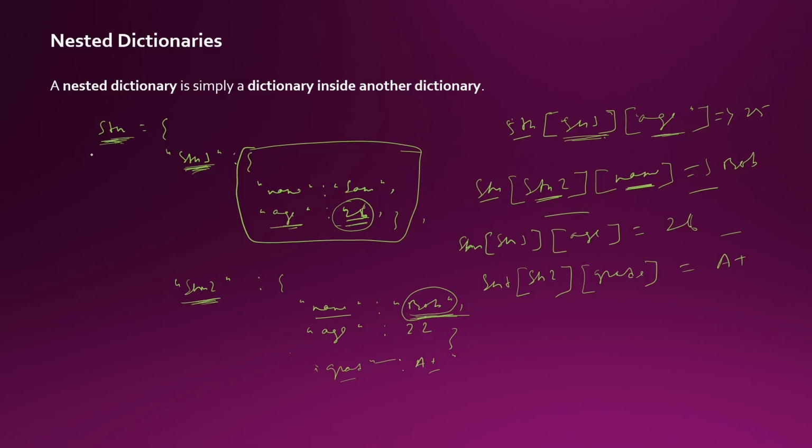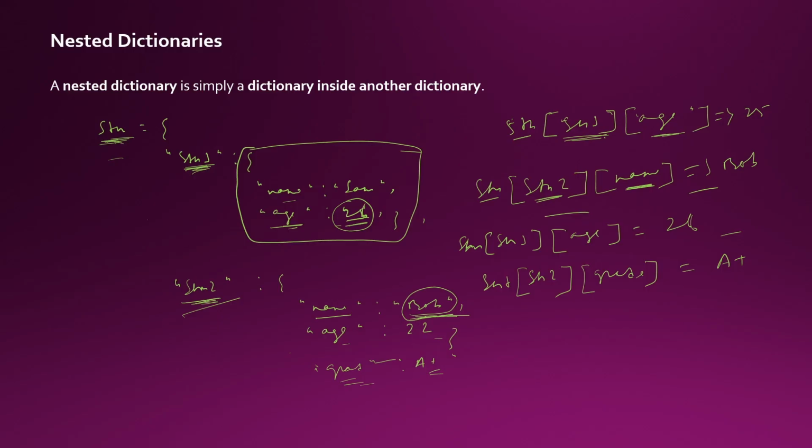Now if I print my student dictionary, it will give me the output: Sam, age 26, and for the other student, name Bob, age 22, and grade A. So grade A will be inserted in the second key as a new value. This is how we can access data from a nested dictionary, and this is how we can perform any update or insertion in our nested dictionary.